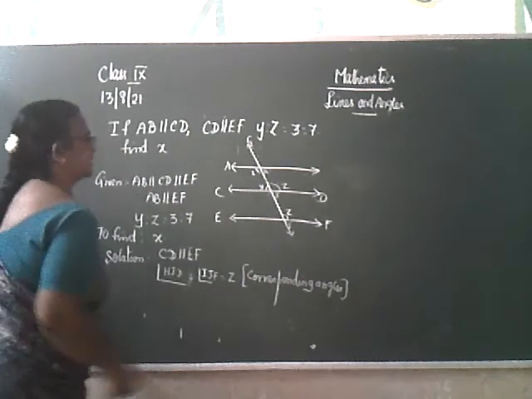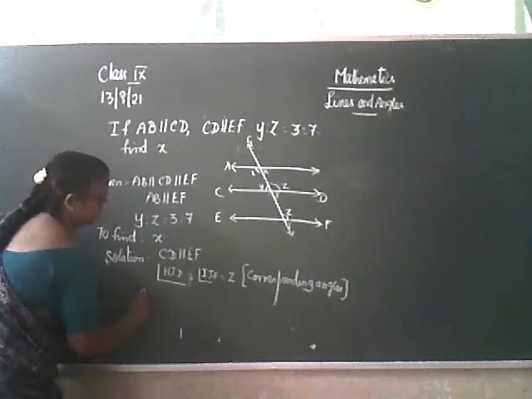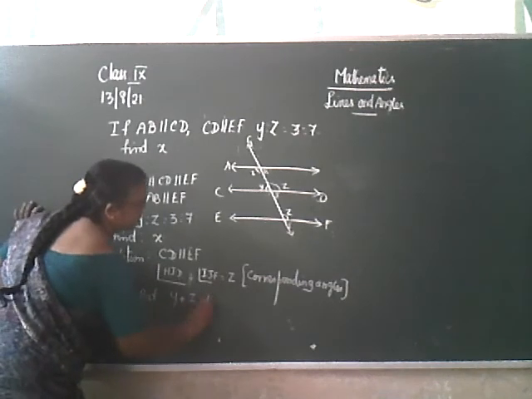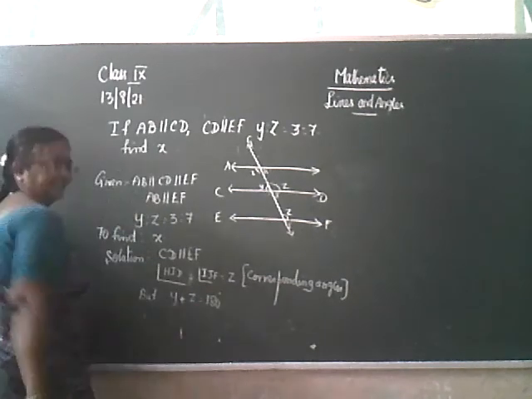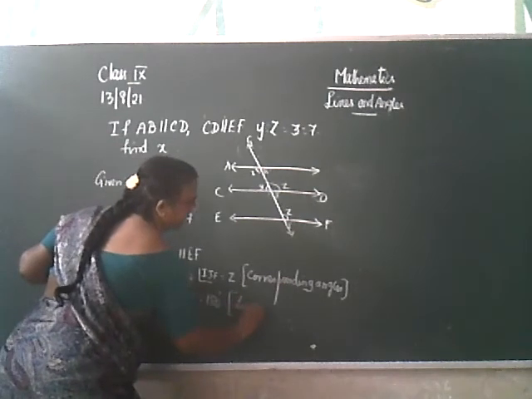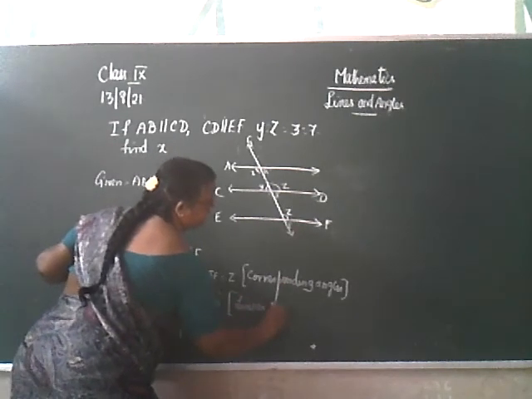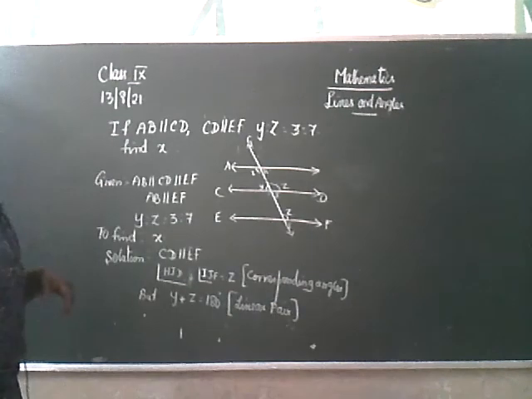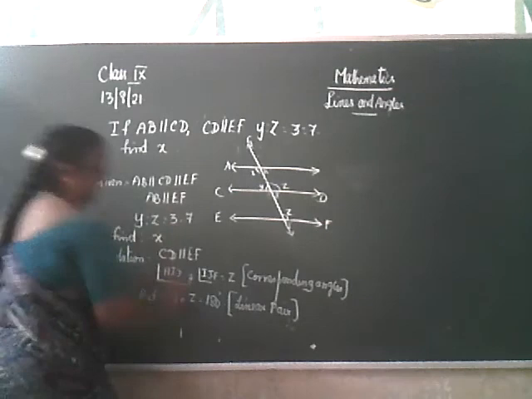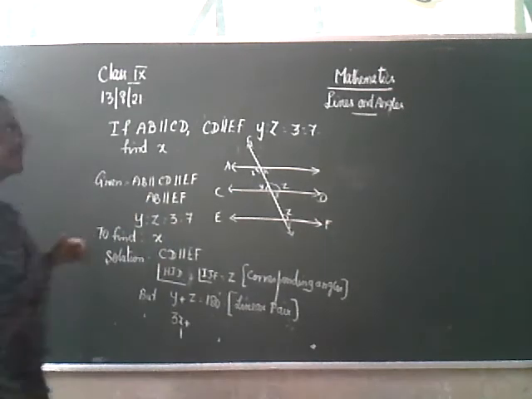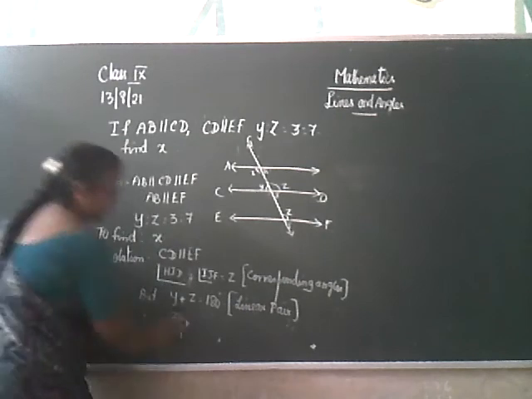So I can write y plus z is equal to 180 degree because they form a linear pair. So what is y? Y is 3x. Because if it is in the ratio, you must write. But x is also already there.